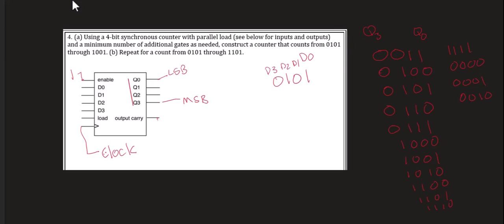I want to put those on these values over here. So D3 will be 0, D2 is 1, D1 is 0, and D0 is 1. Notice this 1010 looks opposite from the way we read it. It's like up to down is backwards.